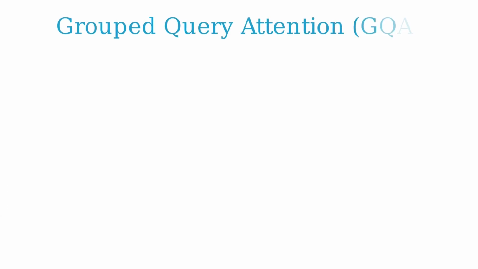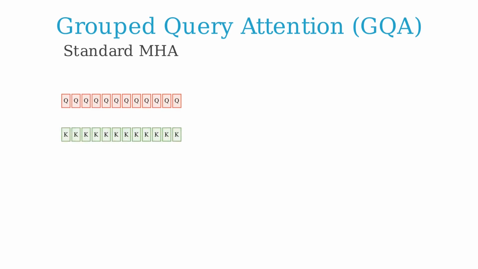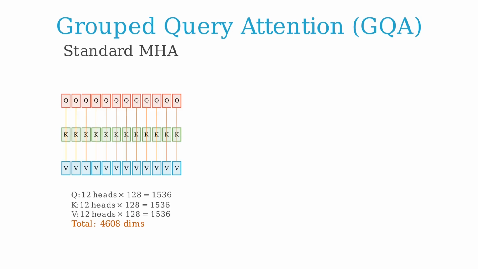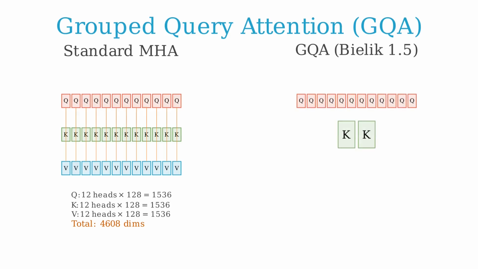In a standard multi-head attention, if you have 12 attention heads, you need separate key and value projections for all heads. That's a lot of memory, especially when you are working with longer sequences. But Bielik uses grouped query attention. We still have 12 query heads, but only 2 key value heads.